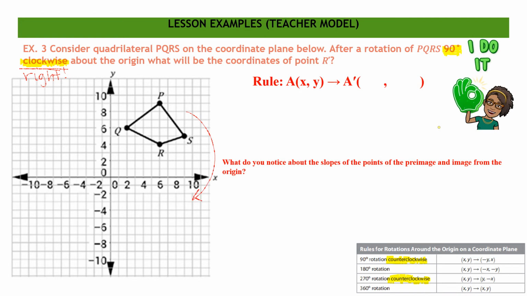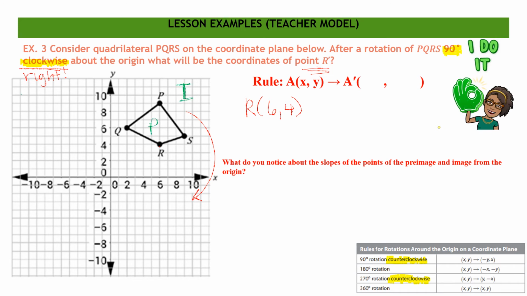So we want to look at point R prime. They gave us R. So R we see to be 6, 4. So positive 6, 4. If I'm moving 90 degrees to the right, clockwise, well, once again, let's look at our quadrants. Quadrant 1, okay, that's our pre-image.